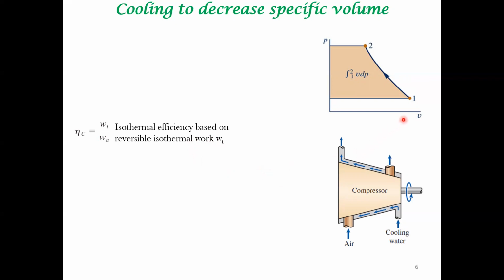For a given change in pressure, P1 to P2, you can keep the specific volume the least if you operate the device isothermally. So that gives you a limit in your work. That is the least work that needs to be input into the system, and the actual work is this one. So the efficiency of such a compressor operated with a cooling system can be calibrated with this efficiency measure.